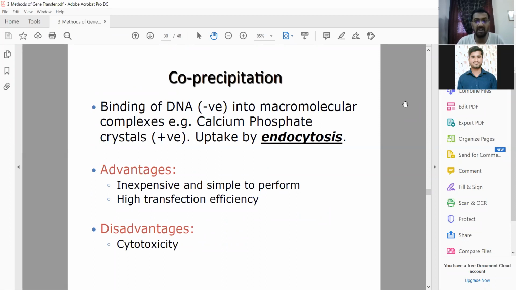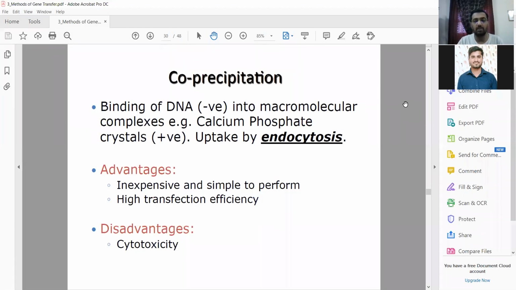We all know our DNA is a macromolecule and a negatively charged complex, and what we do is make complexes of this negatively charged DNA with positively charged calcium phosphate crystals, and these complexes are then taken up by endocytosis by the cells. The advantages are that it is inexpensive and simple to perform with high transfection efficiency. The biggest disadvantage is cytotoxicity, that it could kill a few of the cells.